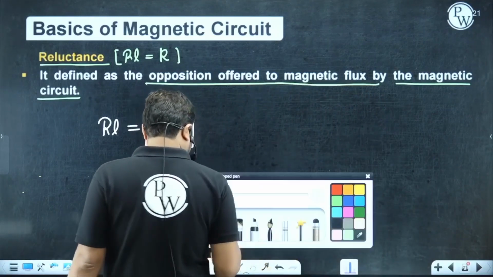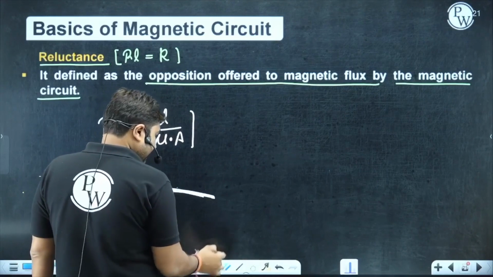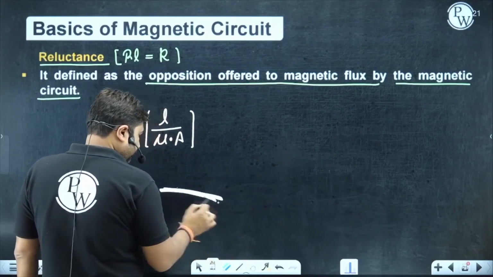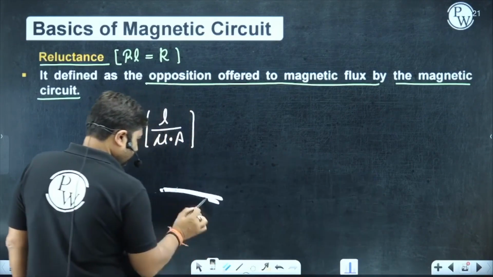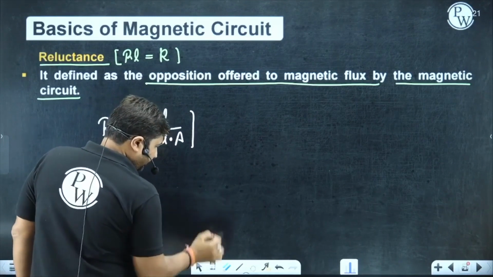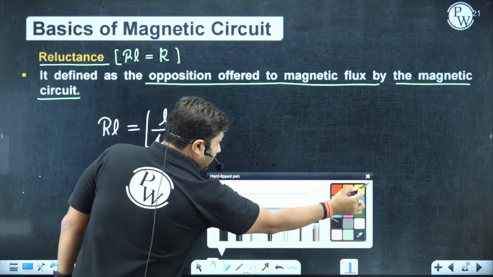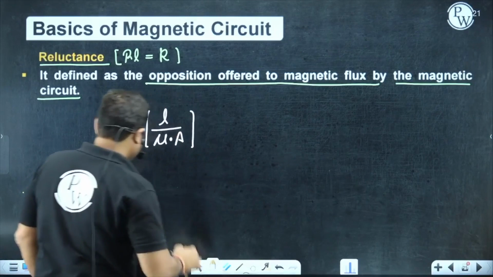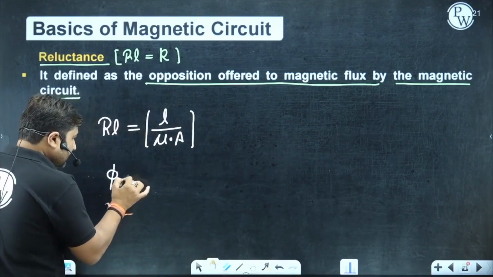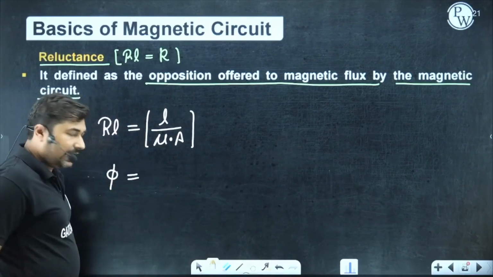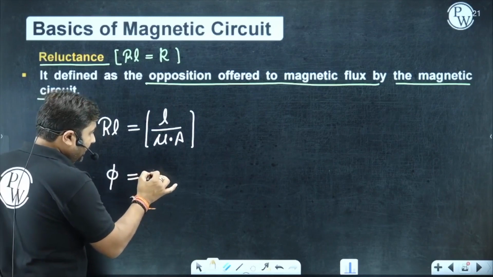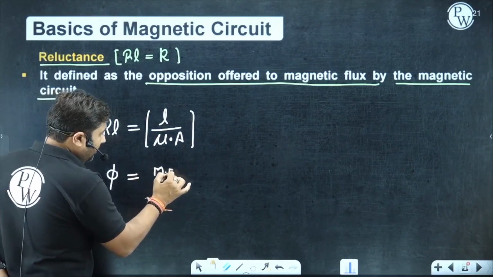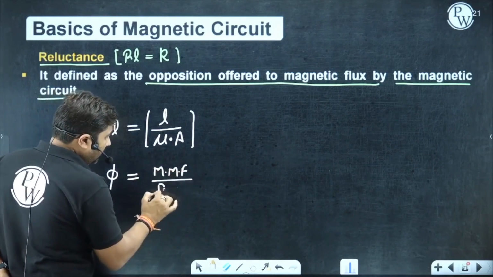Sir, from where you have represented this term, please see. Magnetic flux is similar to current, and magnetic flux is defined as MMF upon reluctance.